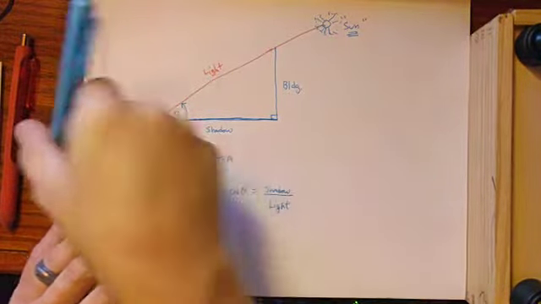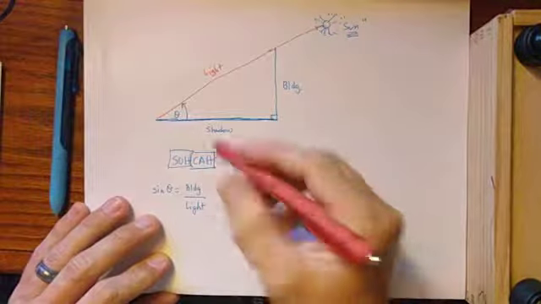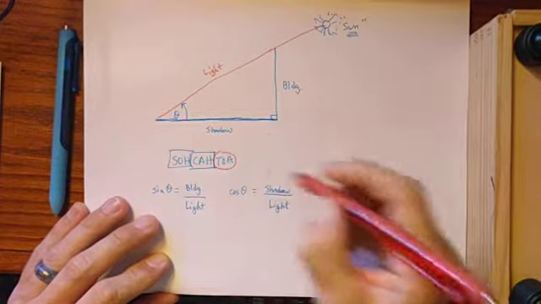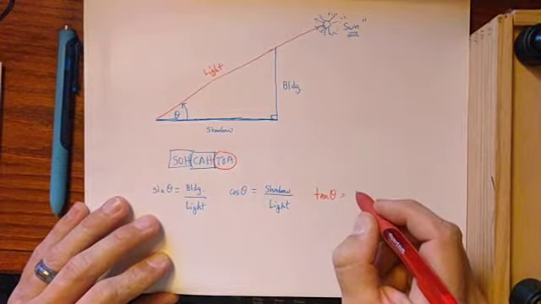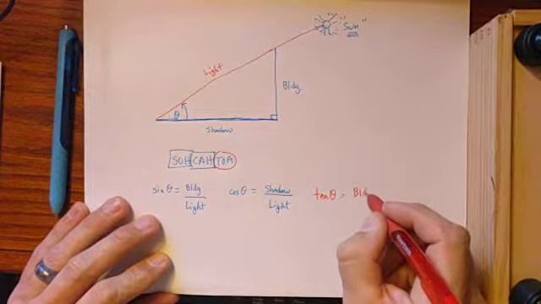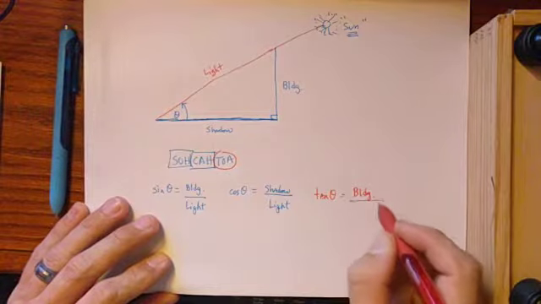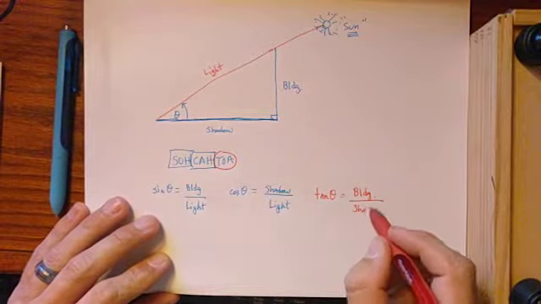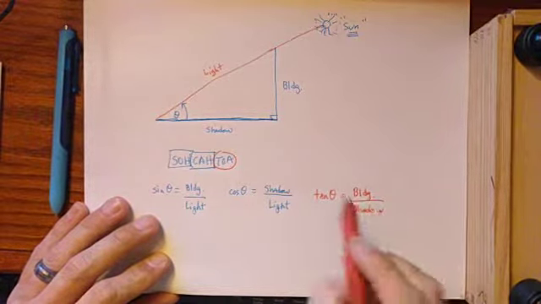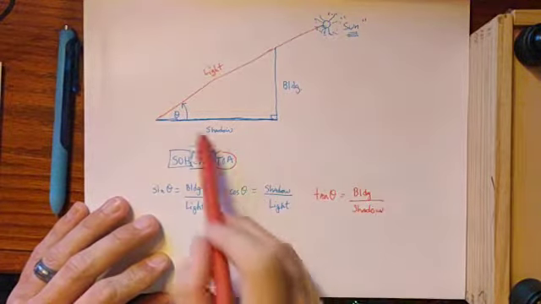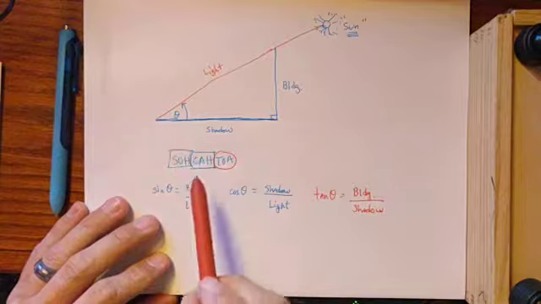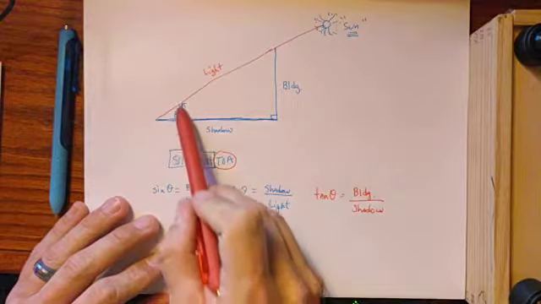So usually what would happen is we'd want to use tangent in this scenario, right? So tangent is opposite, which is the length of the building, over adjacent, which is the length of the shadow. So if you know how tall the building is and you know how long the shadow is, you can figure this angle out. Usually what will happen is you'll know what the measure of the angle is.